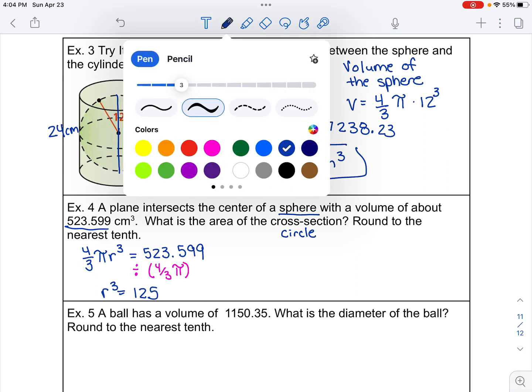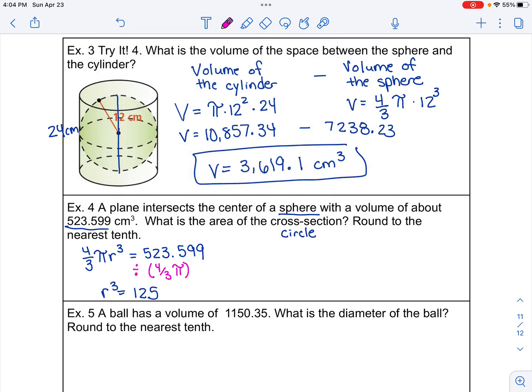So you're going to look for a button on your calculator that looks like this, where you're going to type in a 3 to let it know you want the cubed root of 125. So most of us will have to probably type 3, that button, and then 125, enter. Some of you guys that might have the Casios, you might have to type it in different, or if you're using a Google calculator or an iPad calculator, the cubed root of 125 is 5. So 5 inches is our radius.